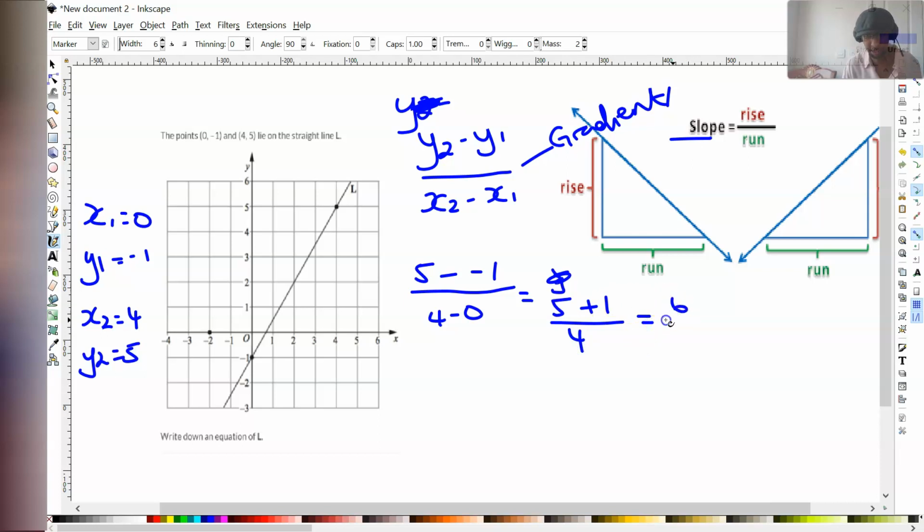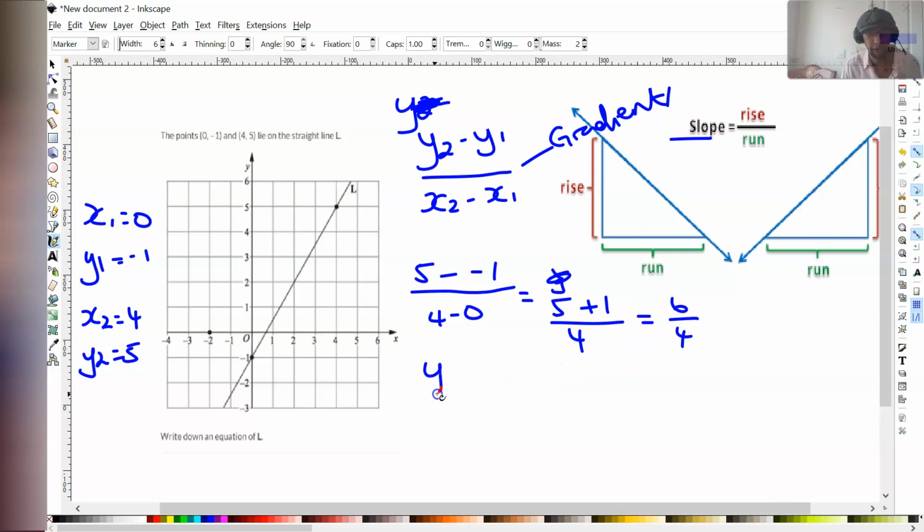That is going to give me 6 over 4. My gradient, I'm going to leave it as a fraction for now because I haven't been asked to simplify. If I simplified it, that would be 1.5.